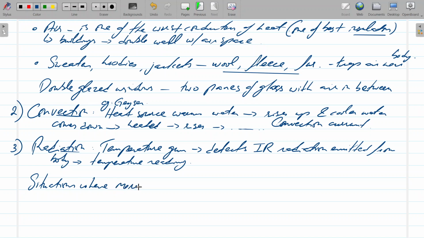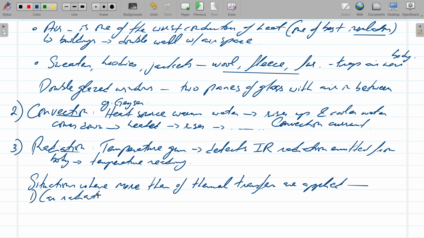And then there are situations where more than one of these thermal transfers are applied. For example, car radiators. They apply conduction, convection, and radiation all at the same time.